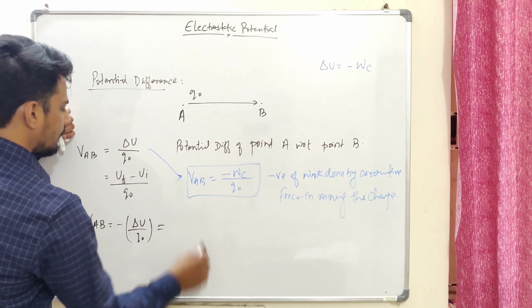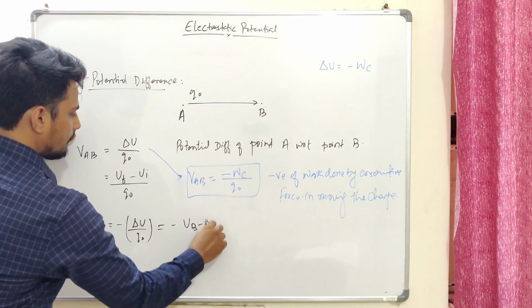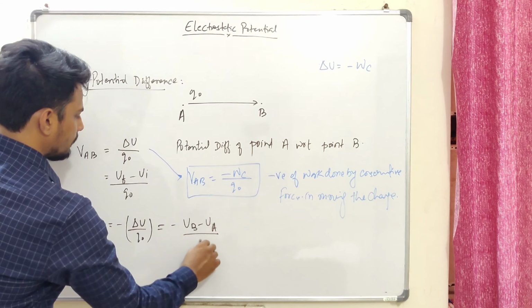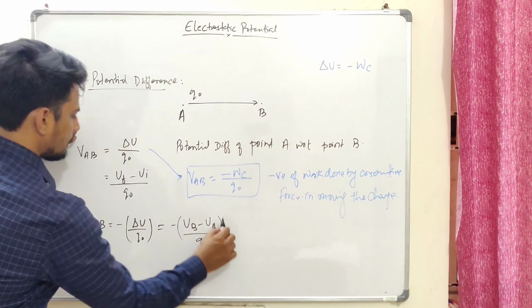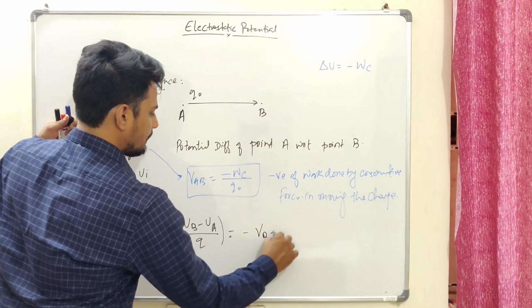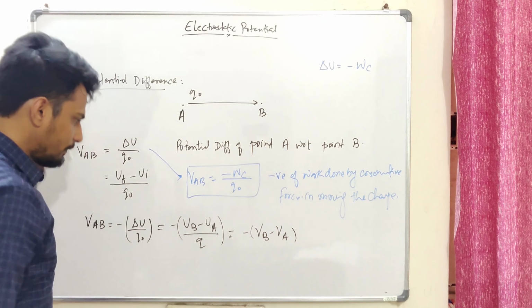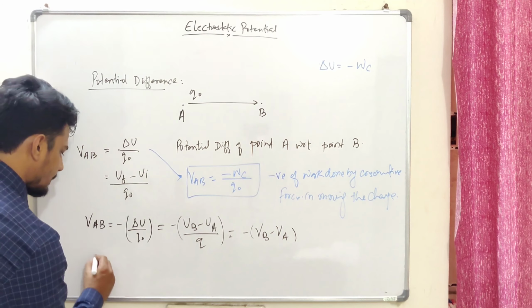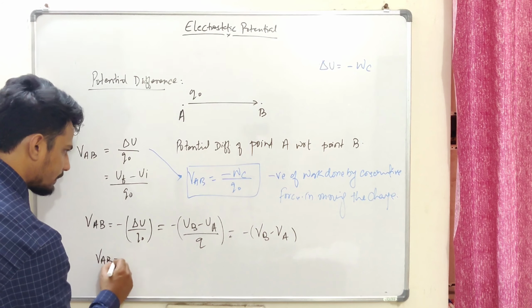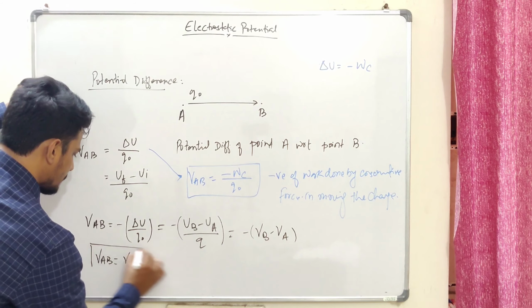So that's going to be minus of UB minus UA, I'm writing in this reference, over Q. That could be seen as minus of VB minus of VA, because UB by Q is going to be the potential of point B. So ultimately I can say VAB is equal to VA minus VB. Just remember this, that's all.